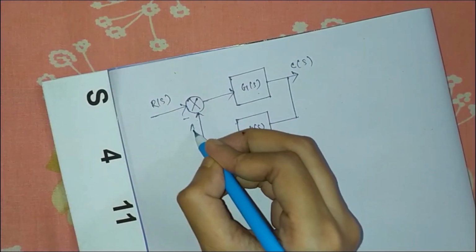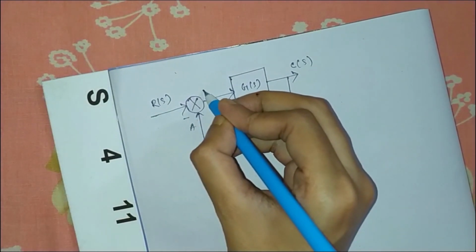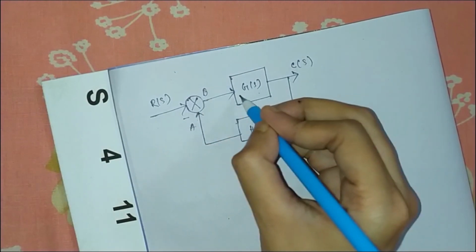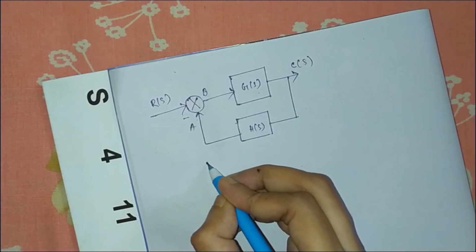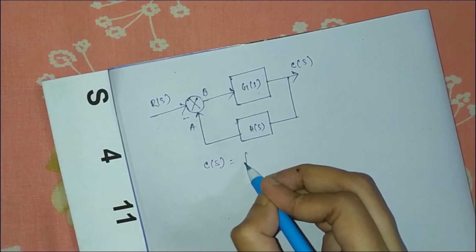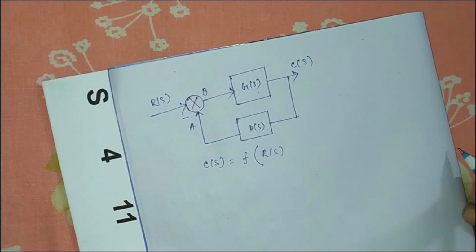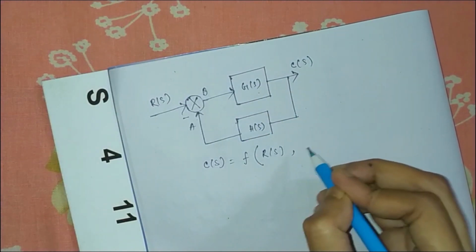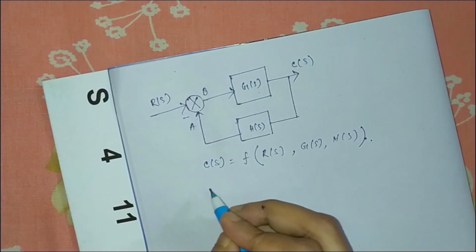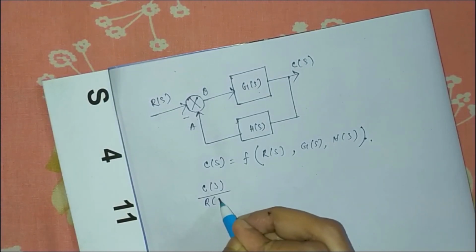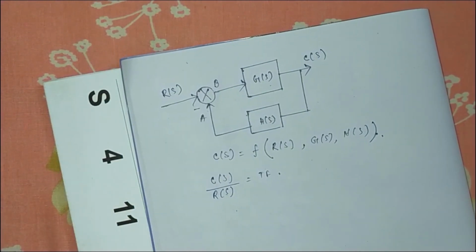I'm assuming that this is A, which is fed back, and the signal going in the forward path I am calling B. I have to find the output as a function of R of S, the forward path gain G of S, and the feedback path gain H of S. The function C of S by R of S is actually my transfer function.